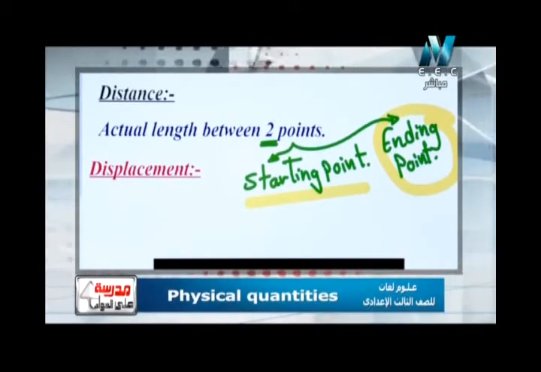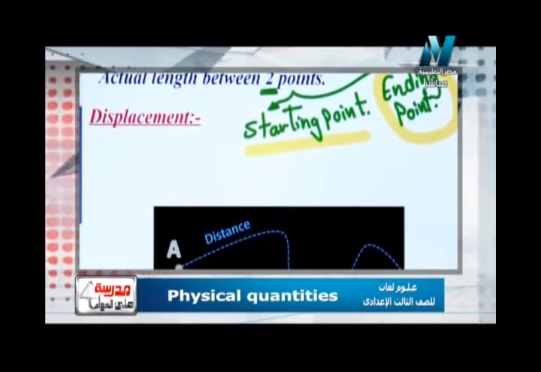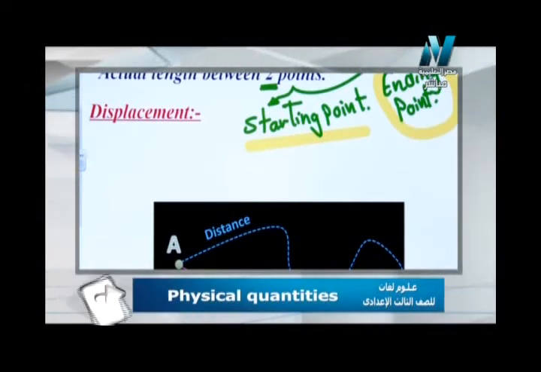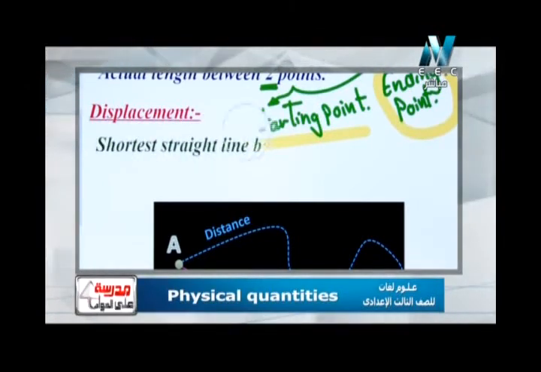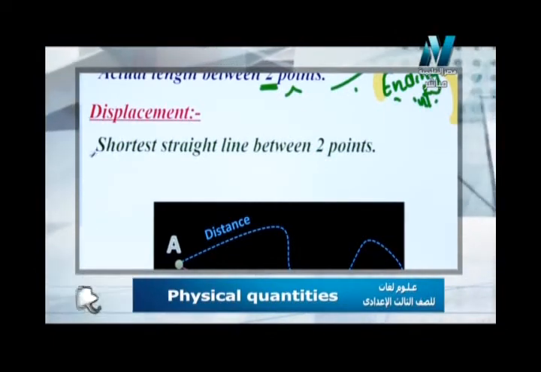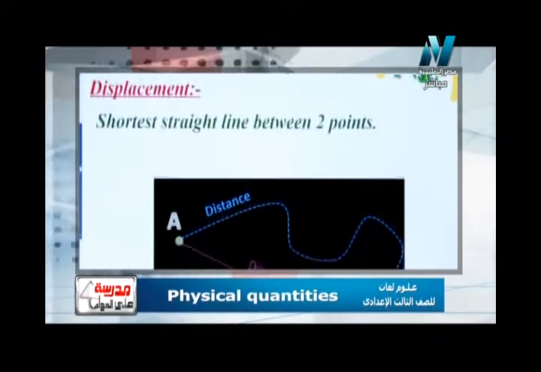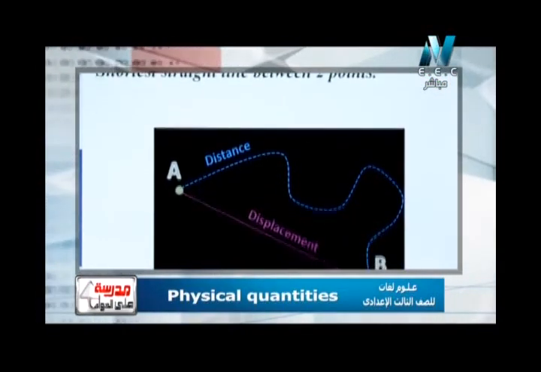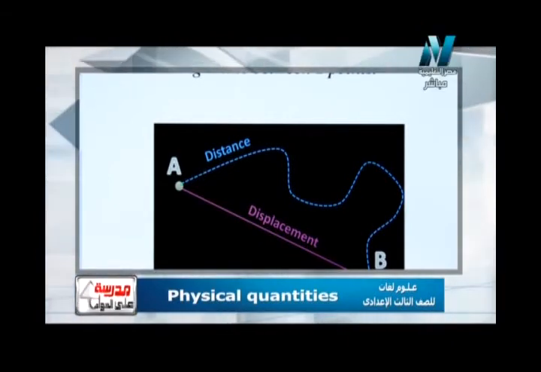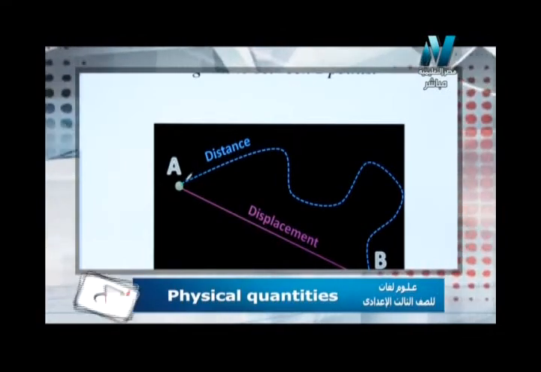Okay, let's define the displacement. As you see here, what does displacement mean? Displacement is the shortest straight line between the 2 points, between the starting point and the ending point. In this diagram, the body moves from A toward B in this direction.